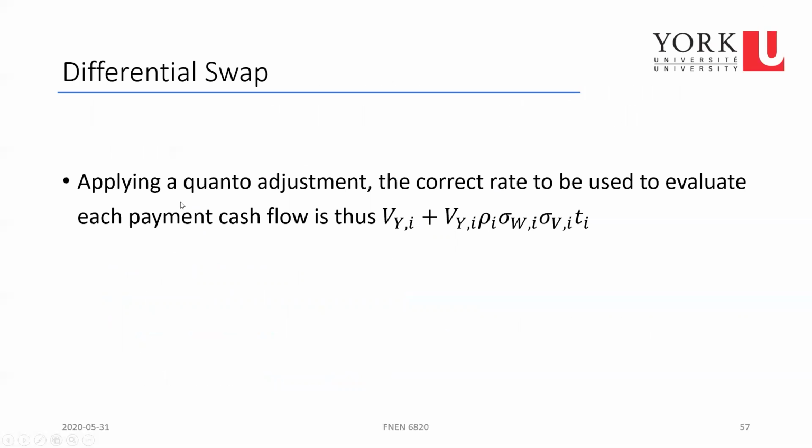So all we need to do here is to apply a quanto adjustment. So this foreign rate here, we need to apply an adjustment in this fashion. We can derive that quanto adjustment, and you will see that we should apply an adjustment factor like this.